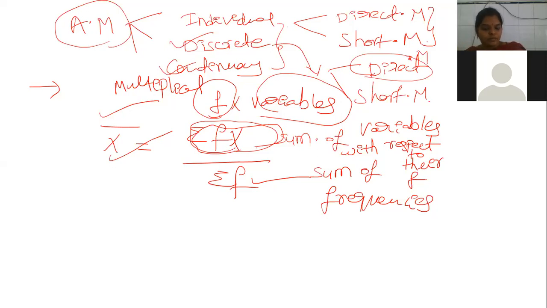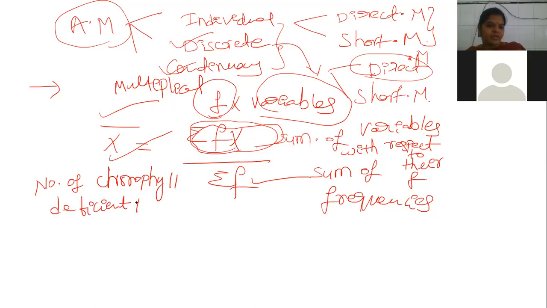Calculate the AM, arithmetic mean. Just write down the data. Number of chlorophyll deficient plants is one column, and the other column is number of plants.